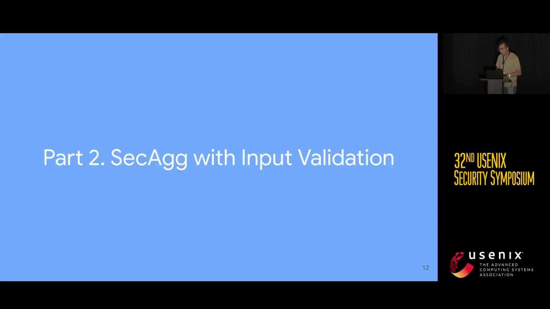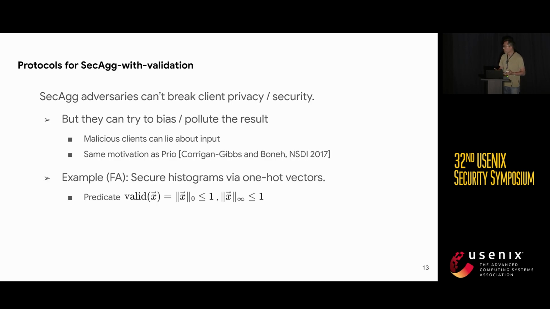All right, next I'm going to switch gears and talk about input validation in the secure aggregation protocol. Why are we interested in input validation? With the previous work, we already have a protocol that can protect users' privacy. But there could be malicious clients, and malicious clients can be dishonest about their input.